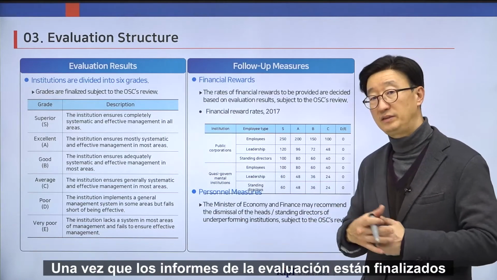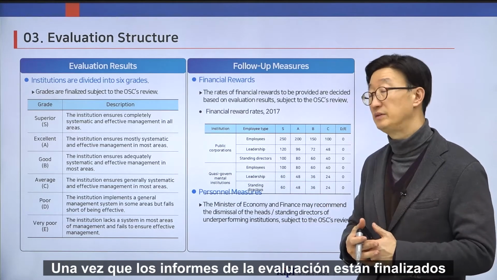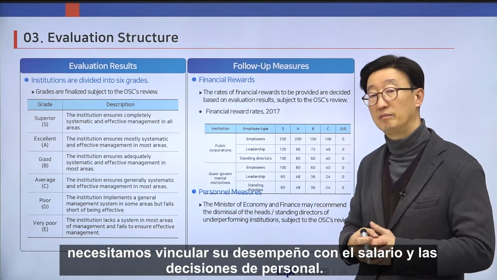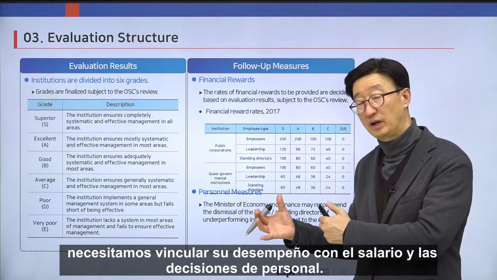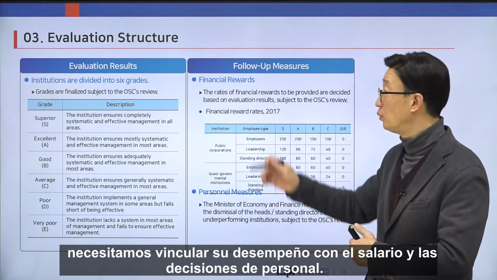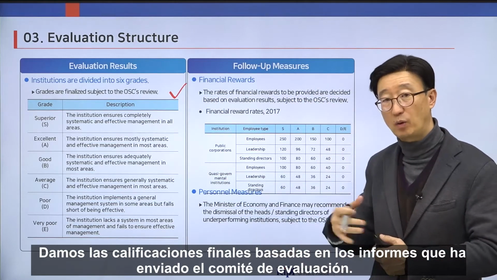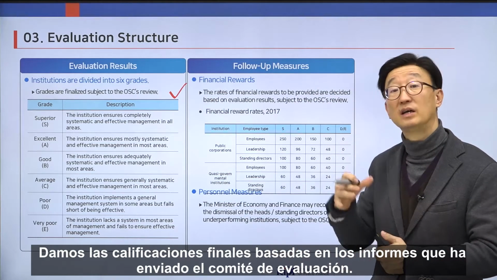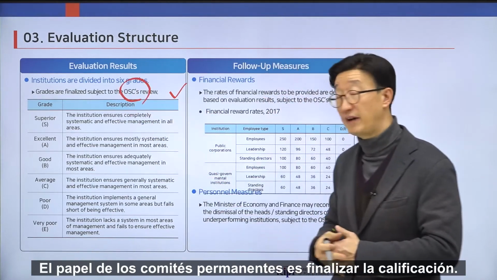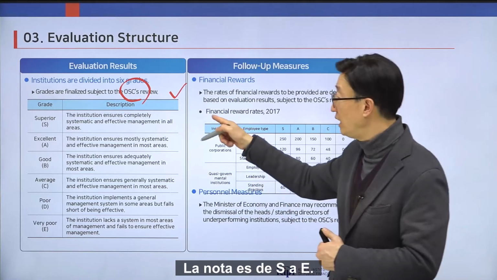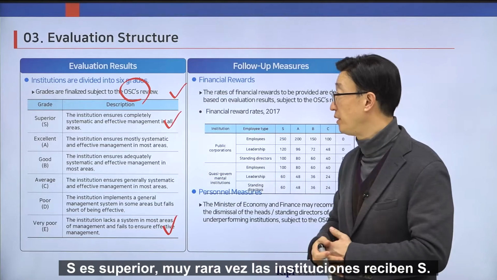Once the evaluation reports are finalized, we need to link their performance with pay as well as personnel decisions. So we give out final grades based on the reports submitted by the evaluation committee, and it is the standing committee's role to finalize the grade. The grade is from S to E, S being superior.